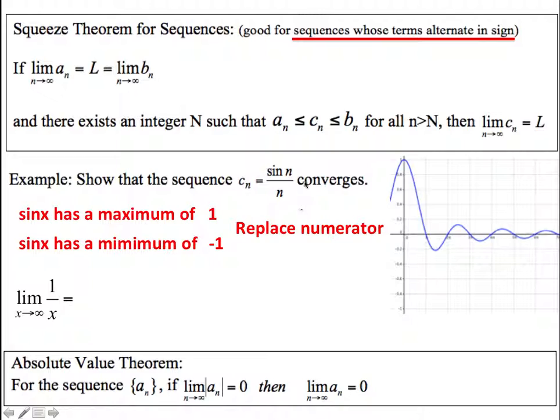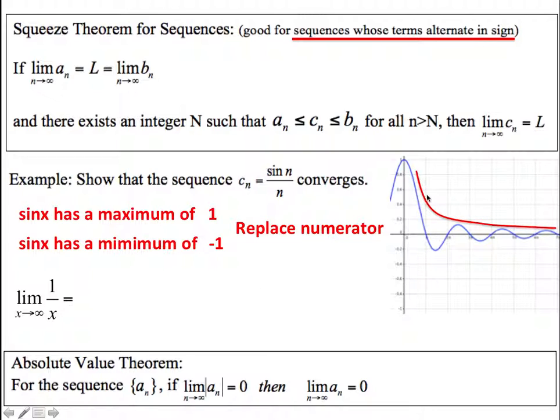Instead of sine, and I replaced n with an x because n gets a little tricky when you have the word sine in front of it, which has an n. So instead of sine, I put just 1. This is the maximum, the biggest that this sequence would be. So it's 1 over x, or 1 over n. And we know the limit as x approaches infinity: if we put infinity down here, we get 0.